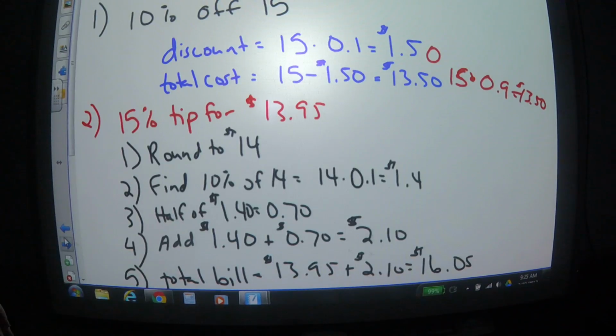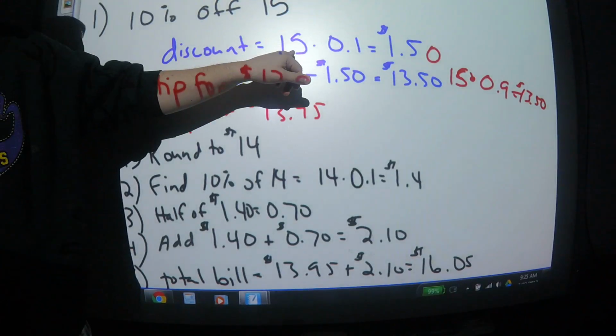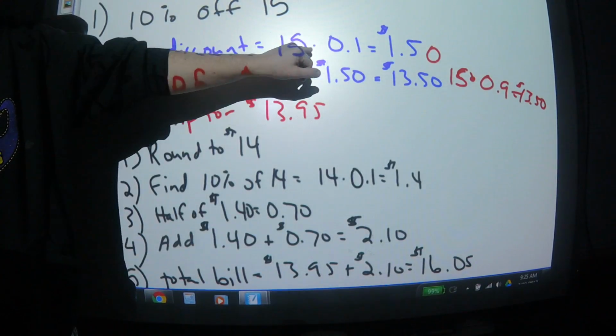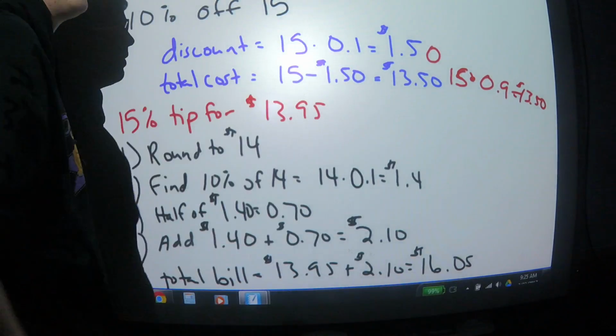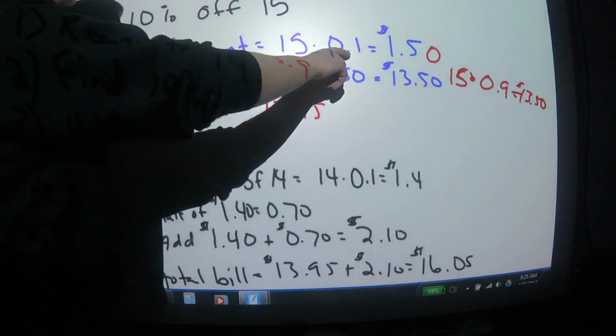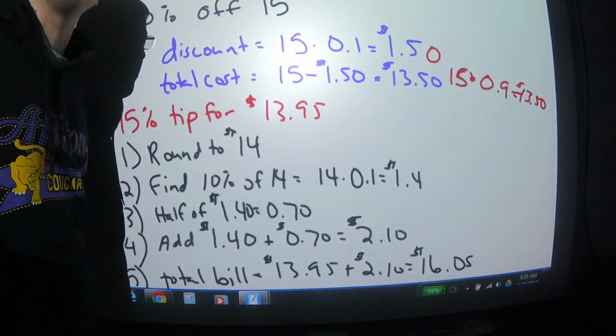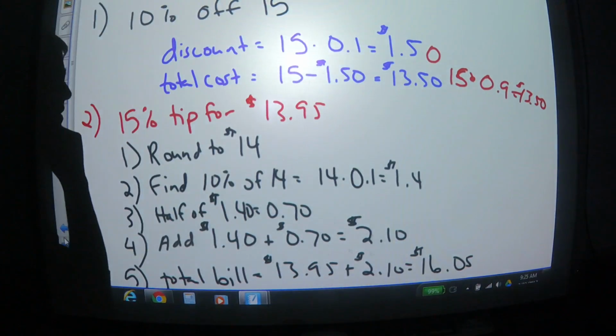In the previous section, you found the discount by taking the number times whatever the percent is as a decimal. So 15 times 0.1. Well, 1 times anything is itself. But remember that you're multiplying it not by 1, but by 0.1, so we need to move the decimal place one place to the left, which would make it $1.50.